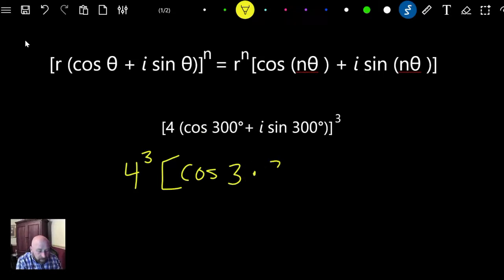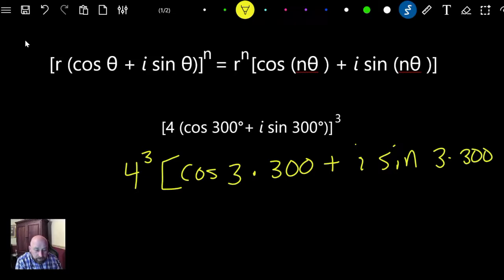So times 300, right? And then we are going to do plus imaginary sine of n theta. So n, again, is 3, and our theta is 300. And then we'll put a parenthesis and a closing bracket.